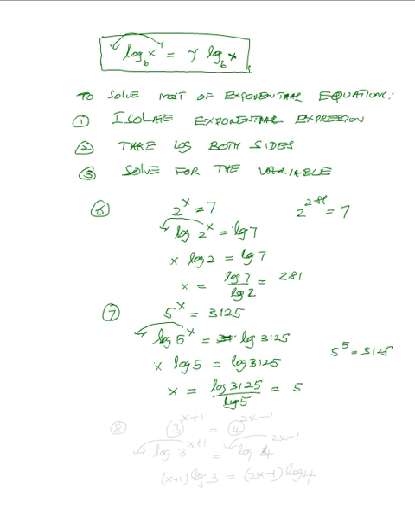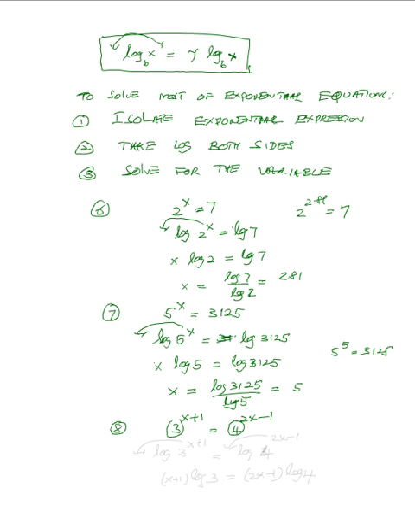So let's look at another example. Again, one more or a few more. Example 8. We have 3 to the power x plus 1 equals 4 to the power 2x minus 1. Now if you notice here, we have different bases. We have 3 as our base and we have 4 as our base.